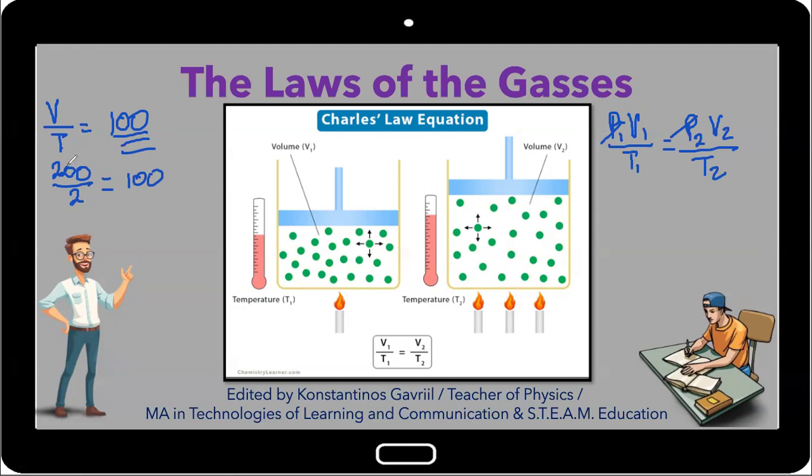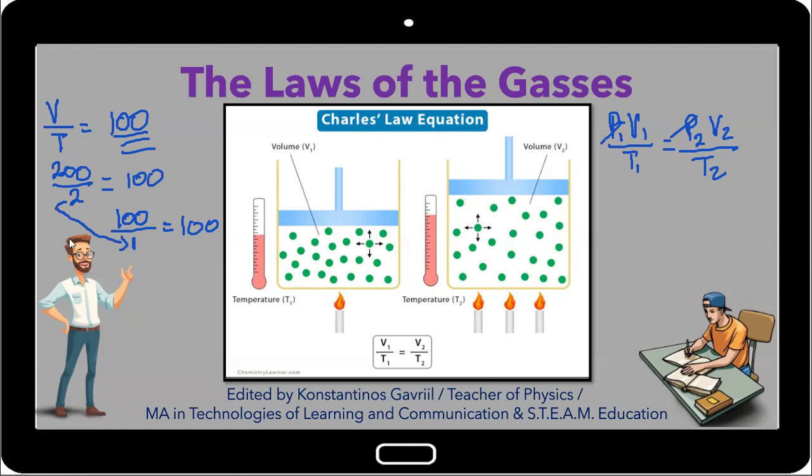So if I change the value of 200 and I have here 100 to the numerator, because I want to have 100 here, I will have 1 to be the value of the denominator.